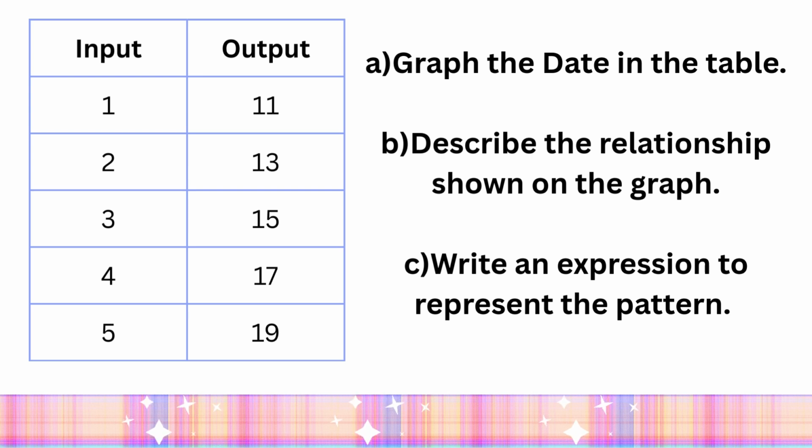Now let's analyze another input-output table. We have the input column showing that the input starts at 1 and increases by 1 each time up to the number 5. The output column starts at the number 11 and increases by 2 each time up to the number 19.